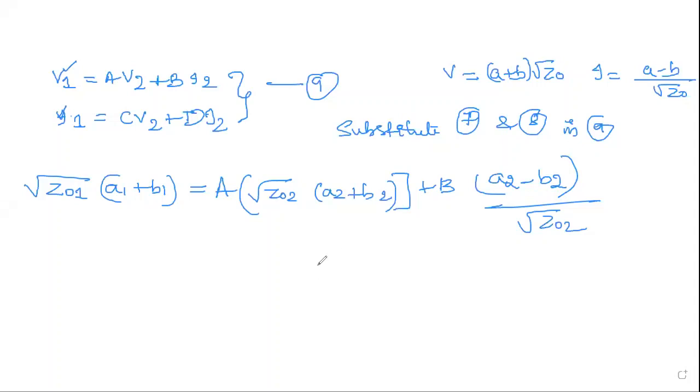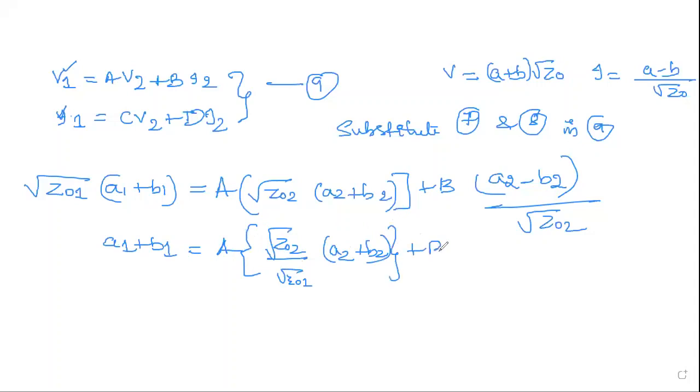Now to simplify this equation further, I'll just divide this by square root of Z01. So it is like a1 plus b1 is equal to A square root of Z02 divided by square root of Z01, a2 plus b2.